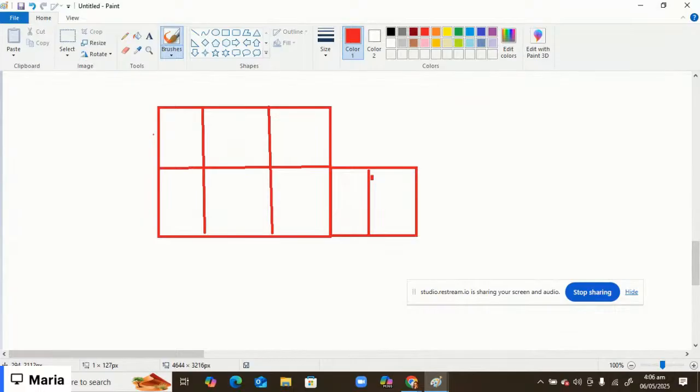How many total square units are in this shape? Let's count it. It's 1, 2, 3, 4, 5, 6, 7, and 8. So the total is 8 square units. In this way we are going to count and then write it.